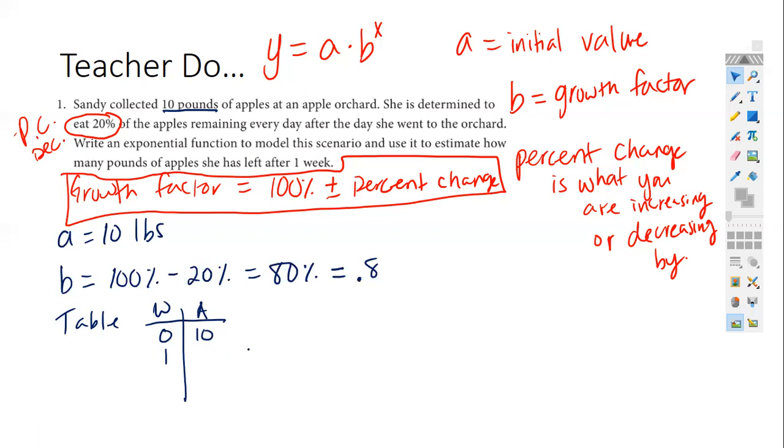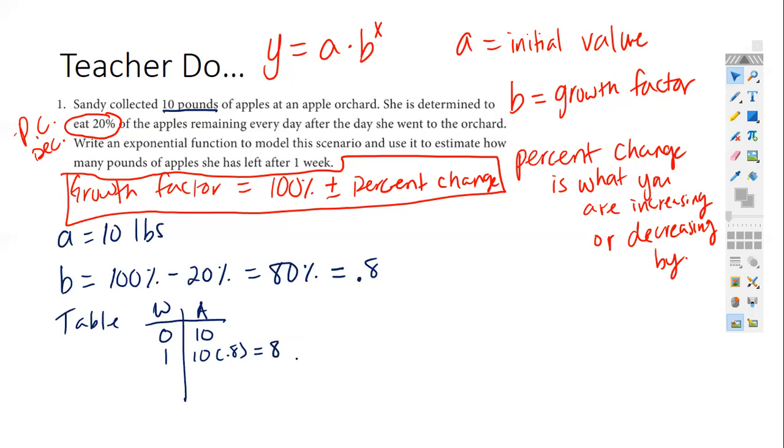Not to the power, I would just multiply by 0.8. So I would have 10 times 0.8, and that would tell me how many apples I have left after week 1. Does that make sense? So after week 1, how many apples do I have left? What's 10 times 0.8? 8. I have 8 pounds of apples left.